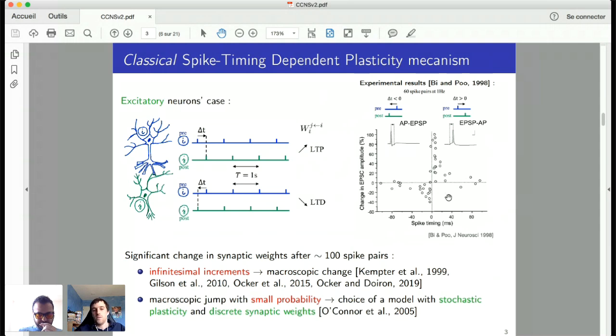At each spike pair, the weight will have the possibility to make a macroscopic jump, but with a small probability. Then we obtain stochastic plasticity and discrete synaptic weights, which is more biologically plausible than continuous weights.